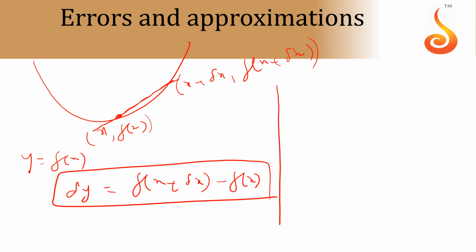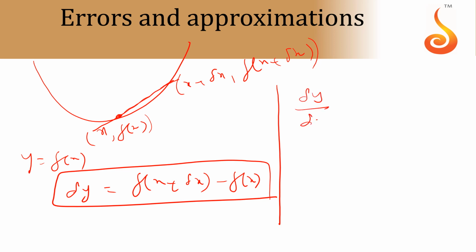But how to approximate it? That is the error. But directly if we ask calculate that error, it is a very lengthy process. So I am simplifying that process. What I am doing? What is the slope of this? Slope of this is nothing but what?